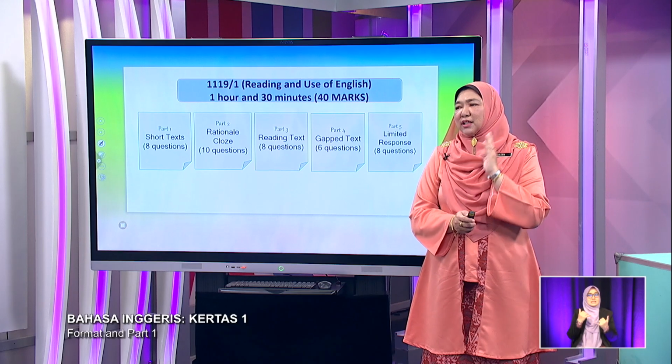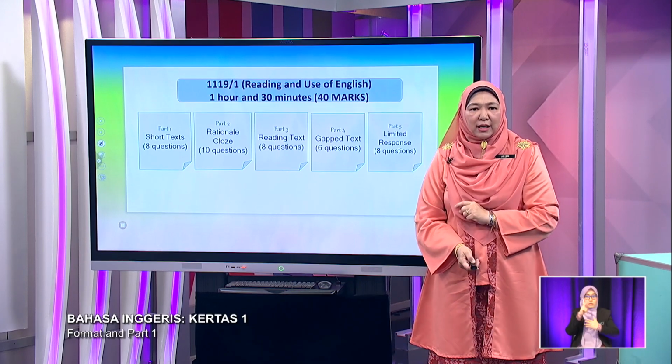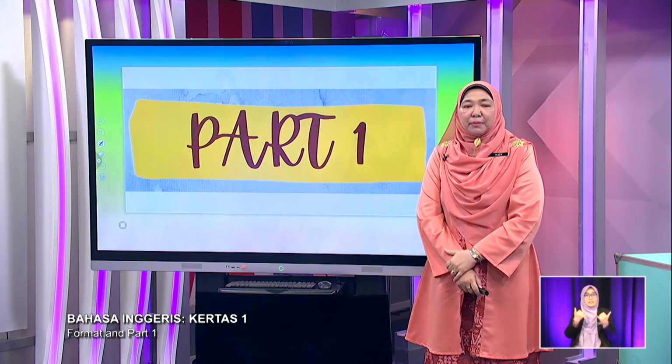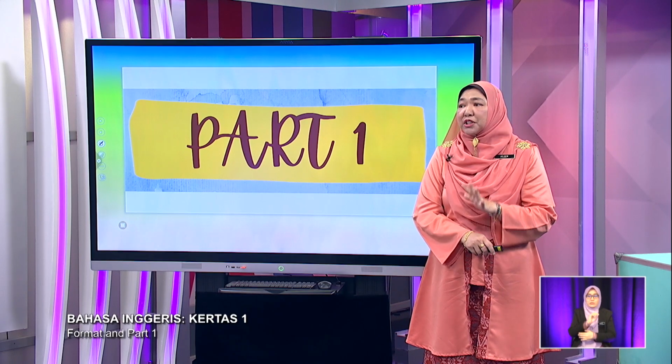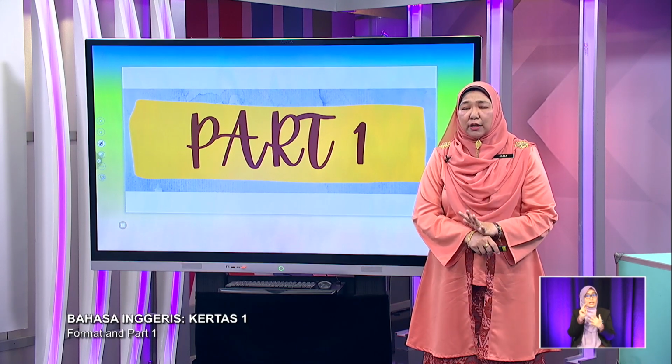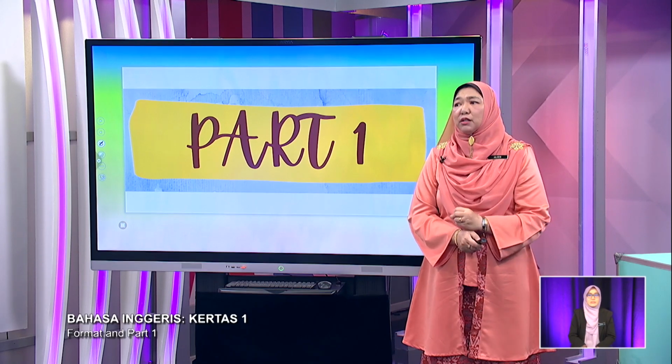So I'm going to the first part, which is part 1 of the paper. Part 1 is the multiple choice questions, where pupils are given stimulus and they have to answer 8 questions.